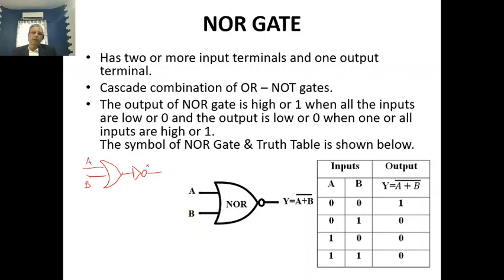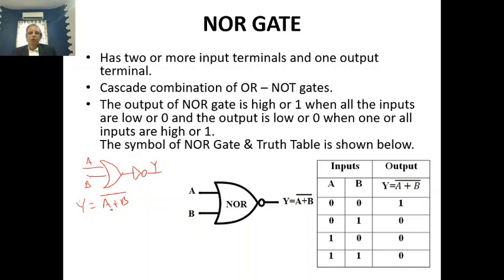A, B, Y. Here Y equal to A plus B is the output of this, and invert this means bar.